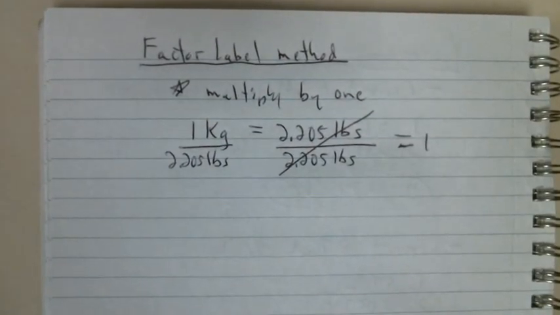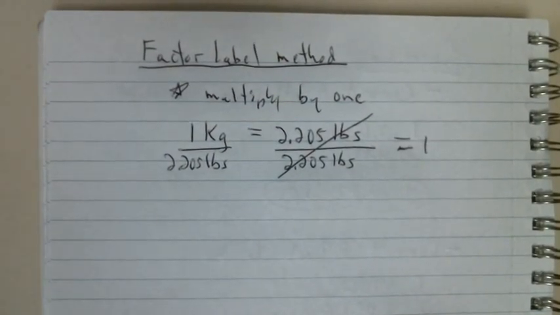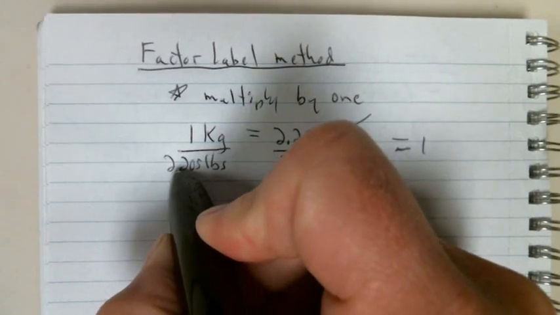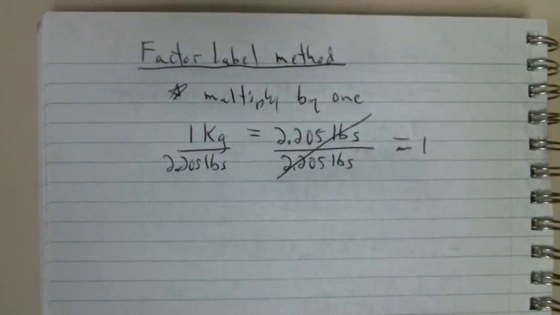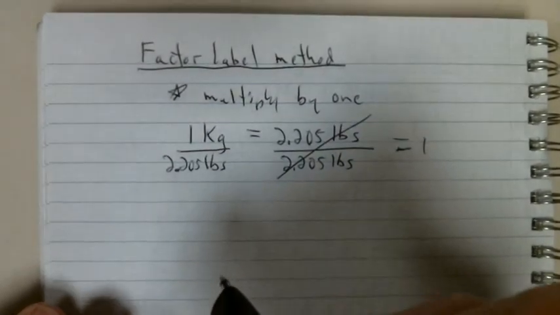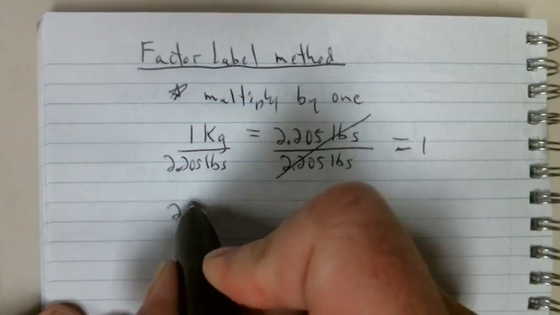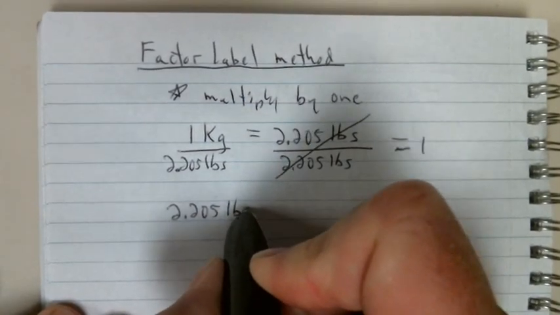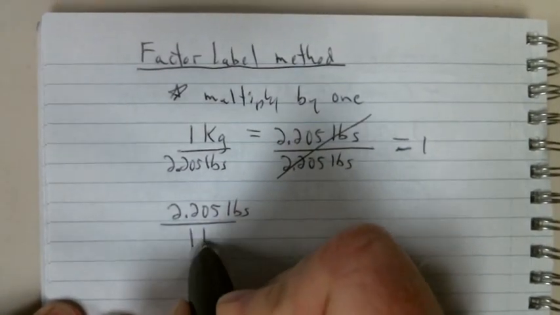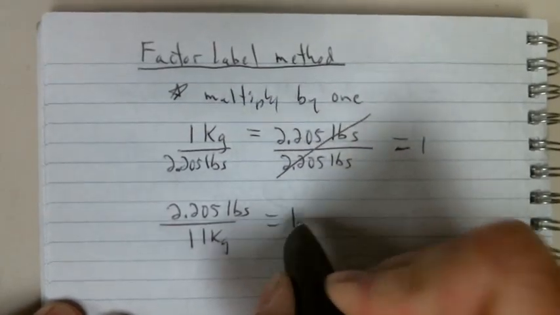And so we've just made a conversion factor. 1 kilogram divided by 2.205 pounds is equal to 1. And we can multiply that by something and not change anything. We could have gone the other way, right? By the same token, we have 2.205 pounds divided by 1 kilogram is equal to 1.